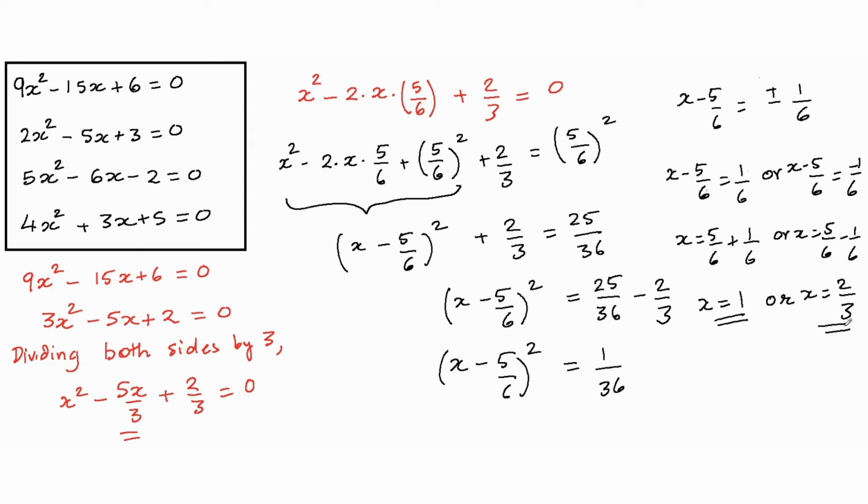Again, over here, if I were to summarize the process, I first made sure that the coefficient of x square is 1, right? For that, I had to divide the whole equation by 3. Then I started completing the square. So first I figured out my b over here. The coefficient of x square is 1 here.